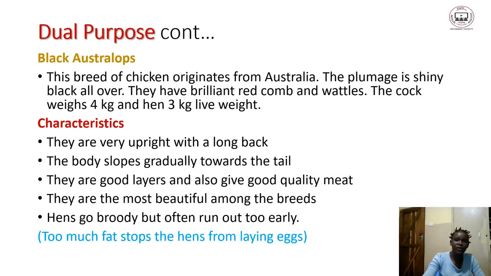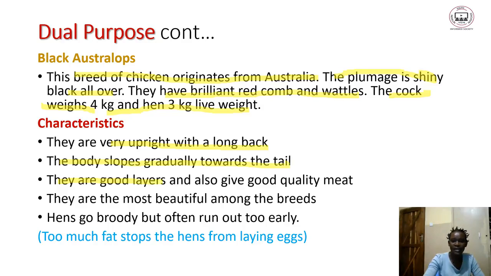The last example of dual purpose is Black Australorp. This breed of chicken originates from Australia, and the plumage is shiny black all over. They have brilliant red comb and wattles. The cock weighs 4 kgs and the hen 3 kgs live weight. The characteristics might be they are very light with a long back, and the body slopes gradually towards the tail.